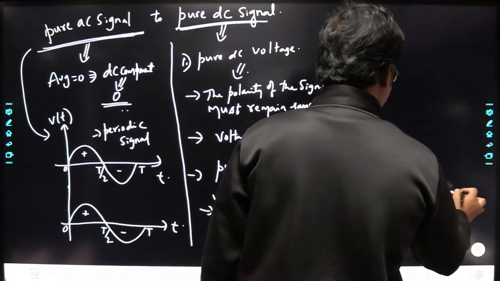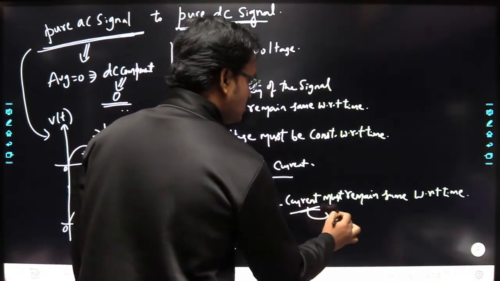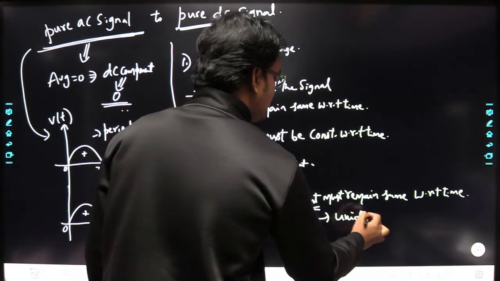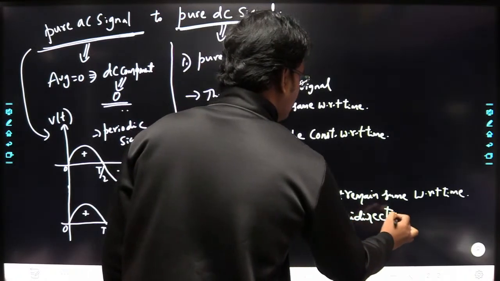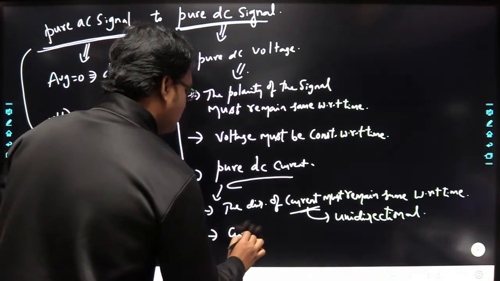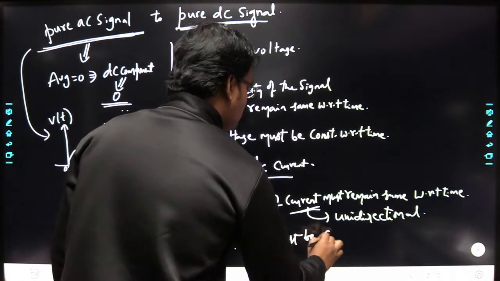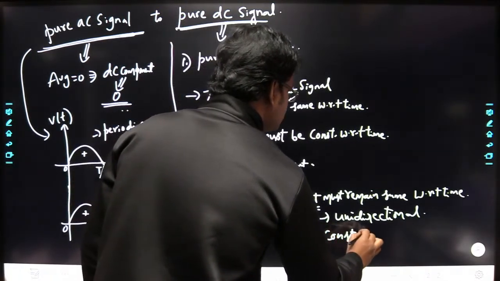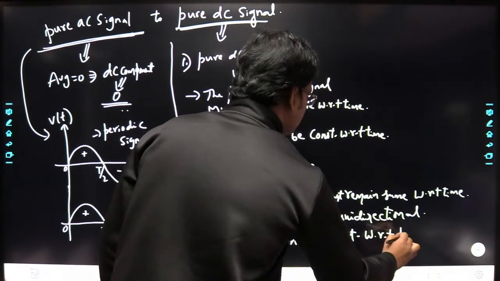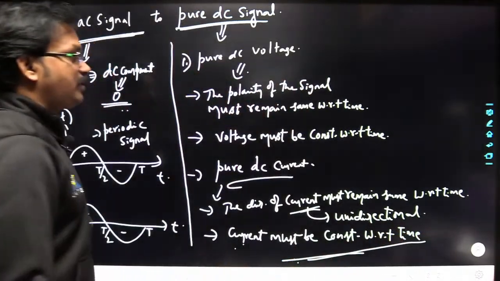That means the current has to flow only in one direction, or you can say current is unidirectional. It has to flow only in one direction, right? And the current must be constant with respect to time. Yes or no? So these are the things I have explained in the previous sessions.